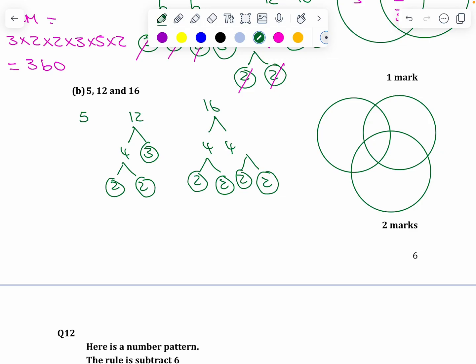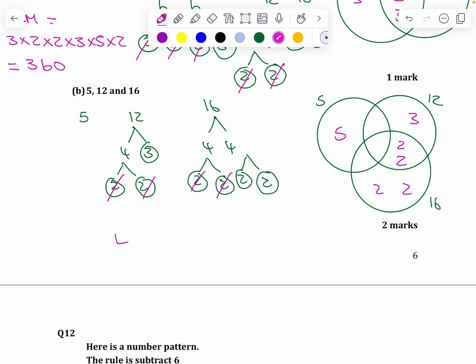So there's nothing that's going in this middle here. 5, there's 12, and there's 16. Let's fill it in. So we do have a 2 that appears in 12 and 16. Another 2 that appears in 12 and 16. And then there's no other ones that match up. Just a 5 here, 3 here, and then a 2 and a 2.